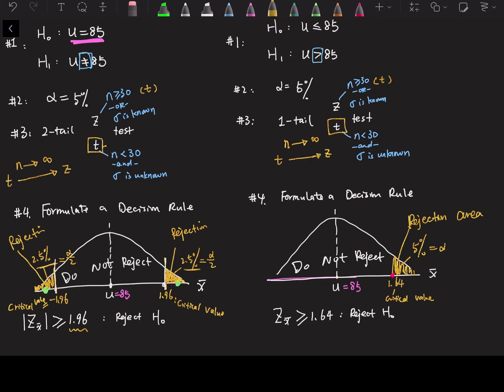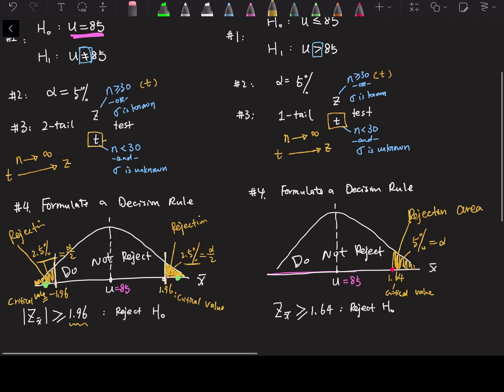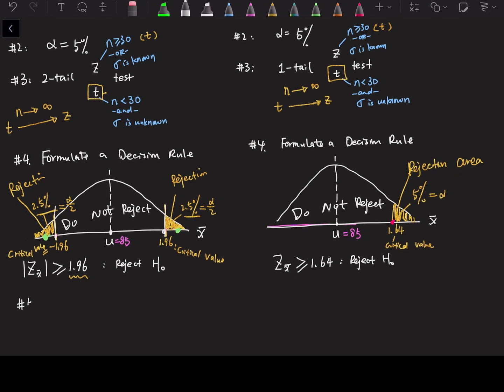And then the last step, step number 5, is to use the sample data to arrive at the decision. It's only in the last step that you should use the sample data.